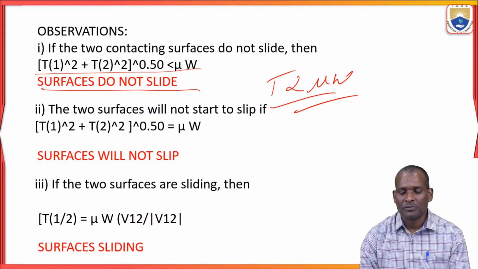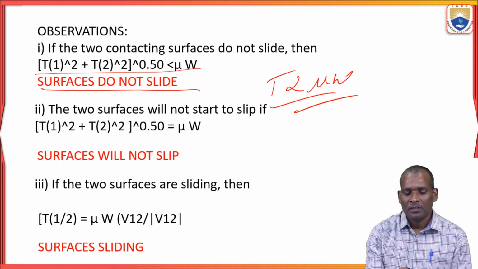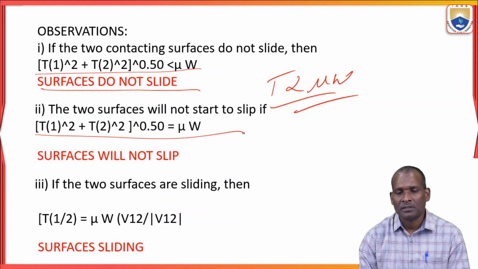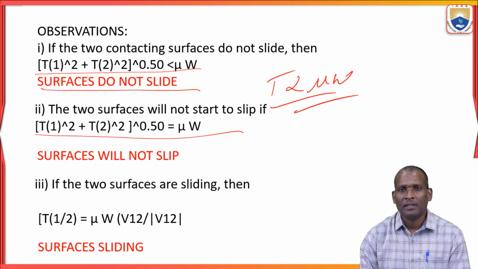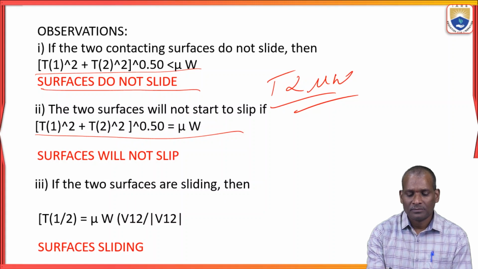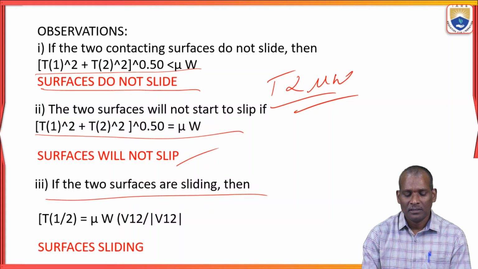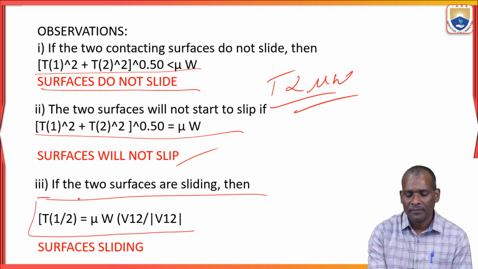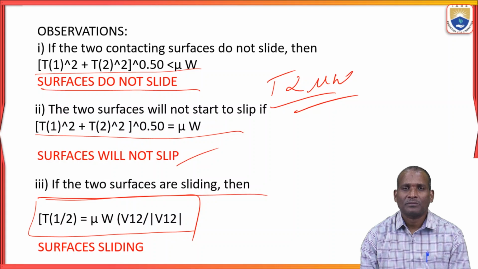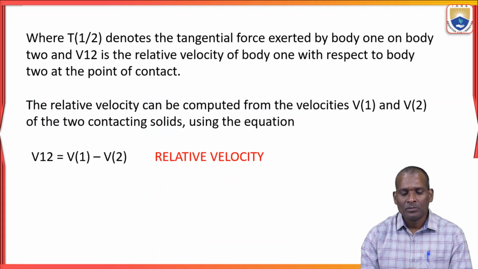Similarly, the two surfaces will not start to slip if this condition is satisfied. And if the sliding condition is satisfied, you can say the two surfaces are in a sliding position.